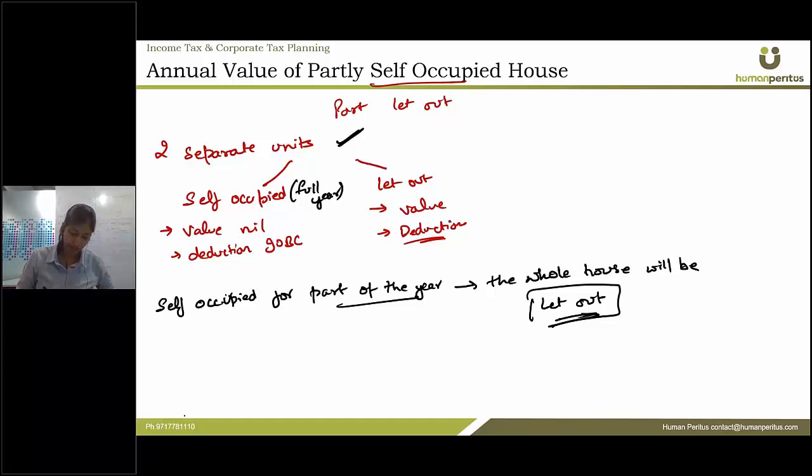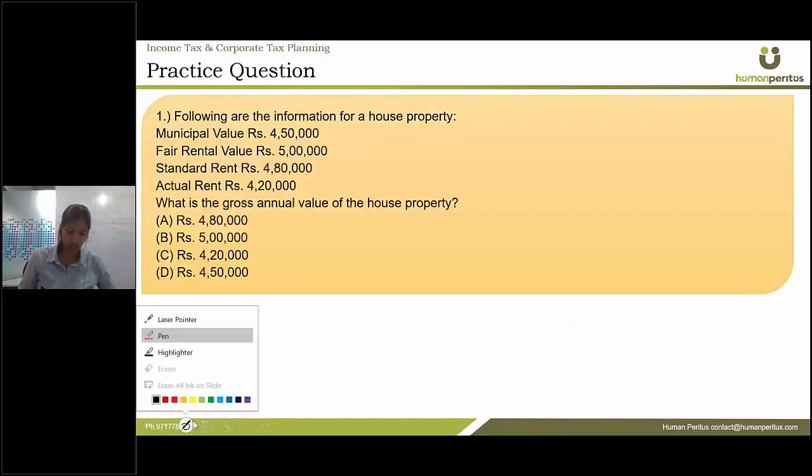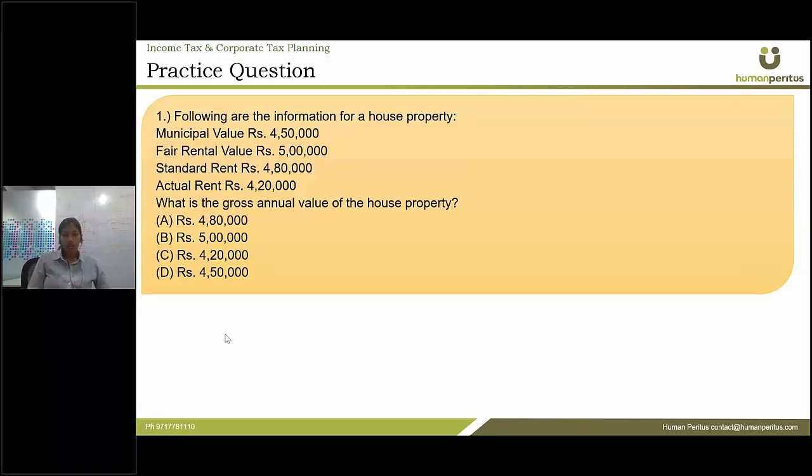Okay, then let's do some questions and then it will finish our income from house property. Now tell me what is the gross annual value of the house property. You are given municipal value, fair rent, standard rent and actual rent. We did this type of question. Now tell me, what will be the gross annual value in this case? Come on guys.